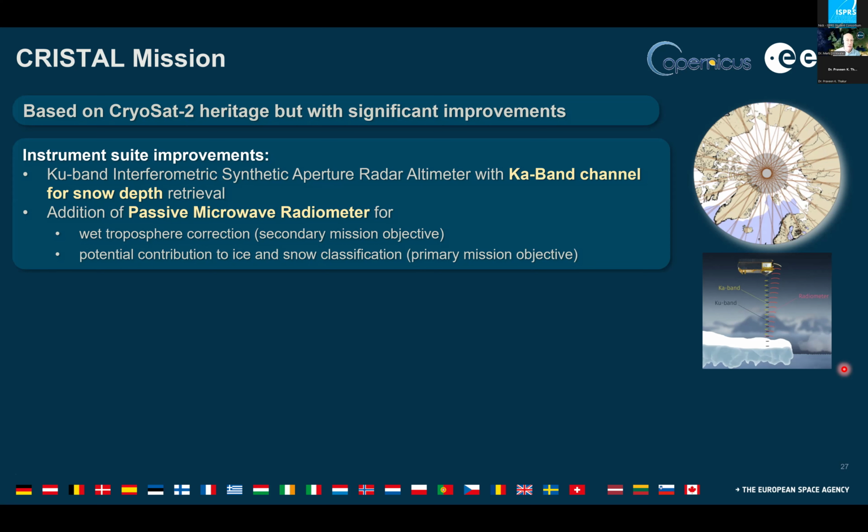This combination of instruments in this suite allows us to derive snow information on the surface of the sea ice. And snow up until now has been the most confounding issue with respect to deriving accurate sea ice thickness retrievals.